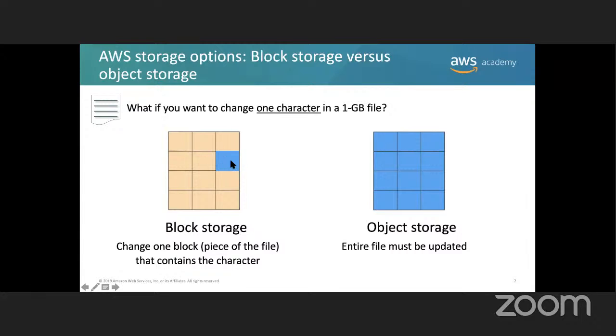When you compare both of them, you realize that block storage is much quicker, because it only updates the block where that piece of the file is. But for object storage, it has to update the entire object. Okay. And when I say object, I'm saying a file, because S3 stores objects, right? And by object, I mean files, videos, pictures, any type of file. Okay.